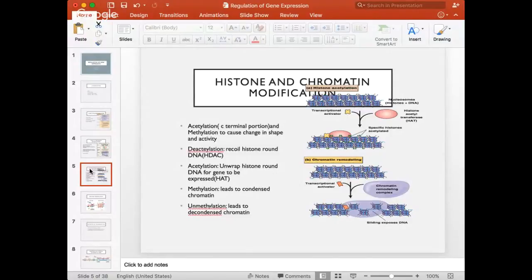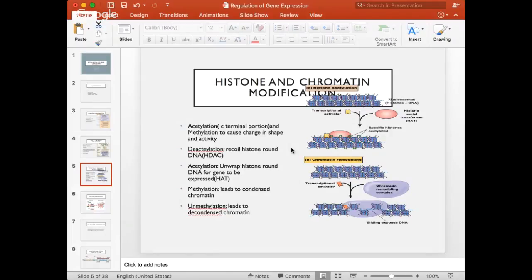So normally chromatin is condensed. We can see this in this picture. They are normally condensed. So a way to regulate gene expression is that when they are condensed and tightly packed, you can add an acetyl group, and this will help to decondense the chromatin and make it more loose, and it becomes transcriptionally active.